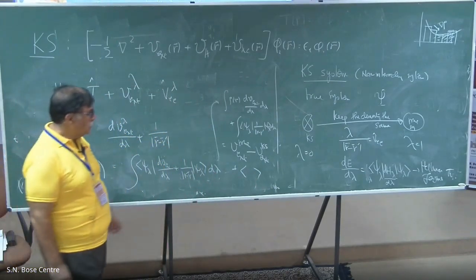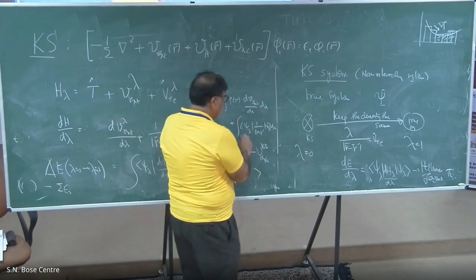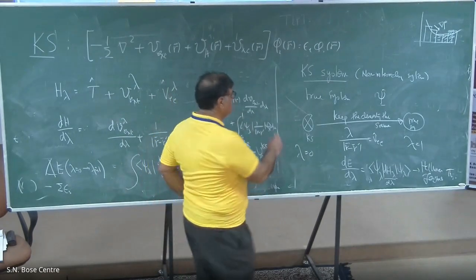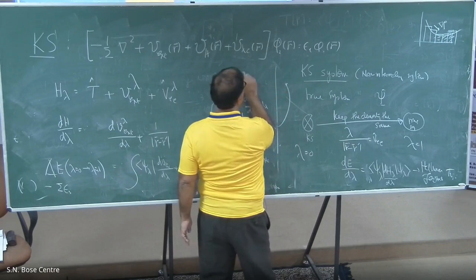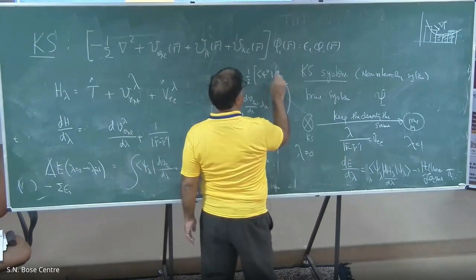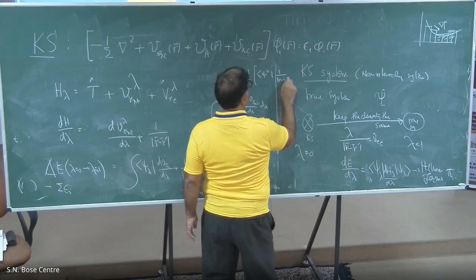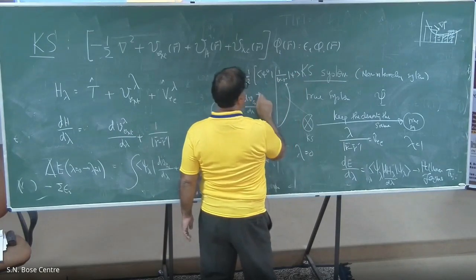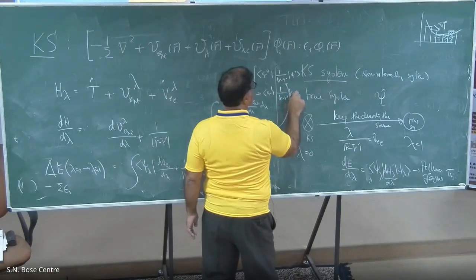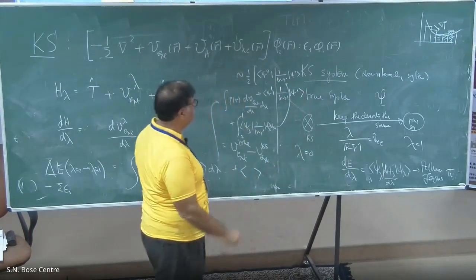And then, instead of doing this from 0 to 1, I can approximate this as 1/2 psi 0, 1 over r minus r prime psi 0 plus psi 1, 1 over r minus r prime psi 1. This is an approximation.